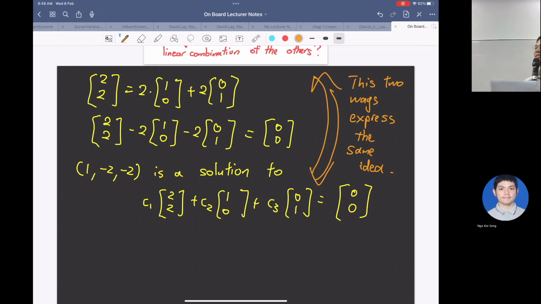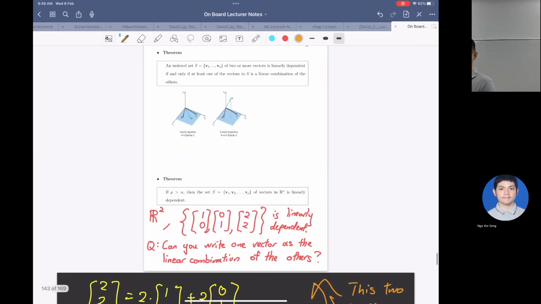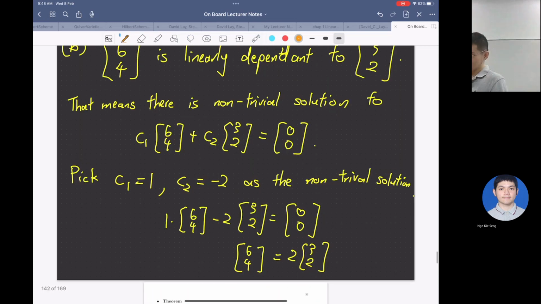Do you have any question? So far, no? If no, can you explain? You mean what is linearly independent to you? Can you explain, in simple words, what linear independence means to you?